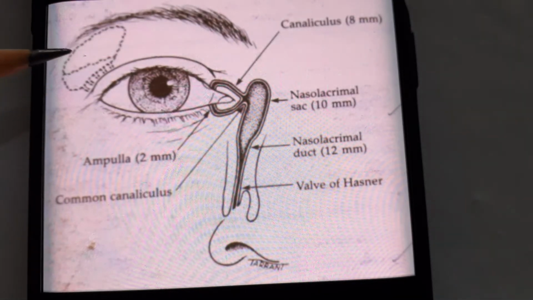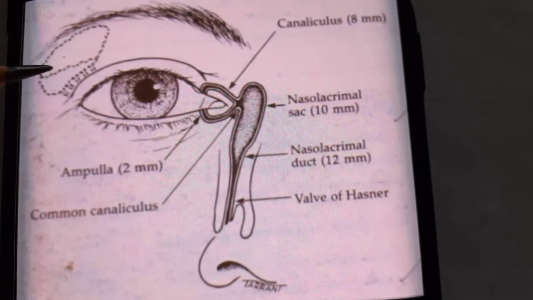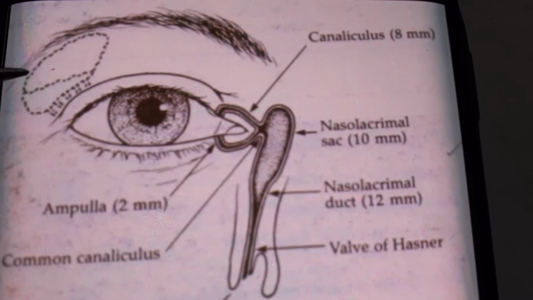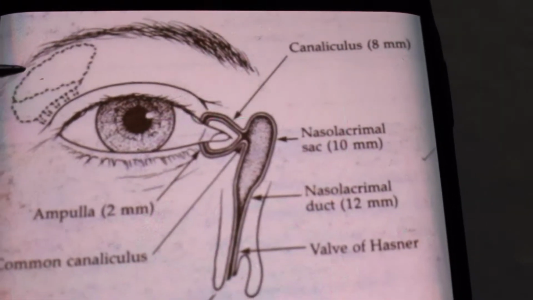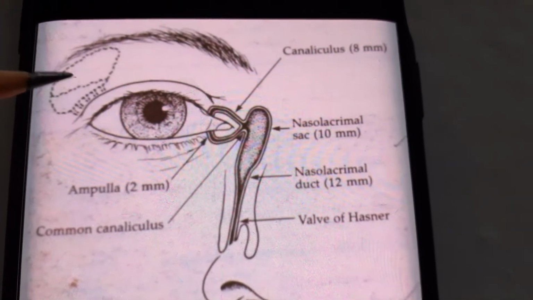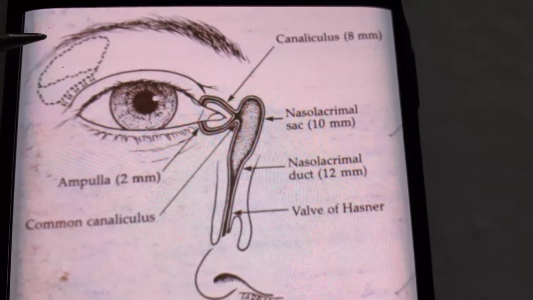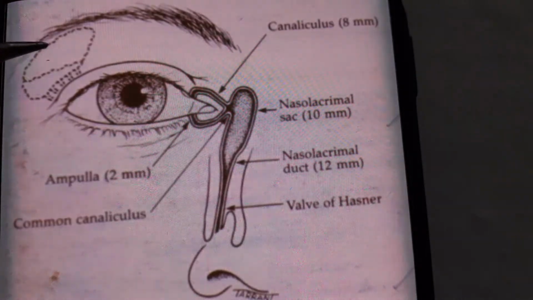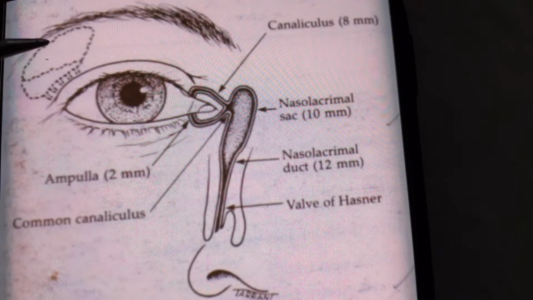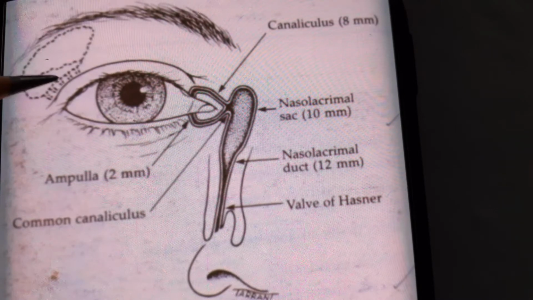The lacrimal gland is a serous gland situated in the anterolateral part of the roof of the bony orbit and partially on the upper eyelid. There are small accessory glands also found in the conjunctival fornices. The accessory glands are called Krause's glands.